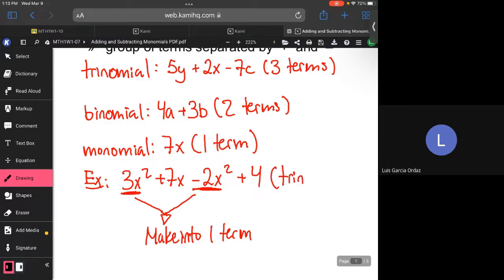The reason it's a trinomial is because, like I said, 3x squared and minus 2x squared share the variable part together. Both of them have x squared. When you have two terms that have the same variable, you can either make them bigger or smaller depending on the operation. I'll explain that more in depth shortly.